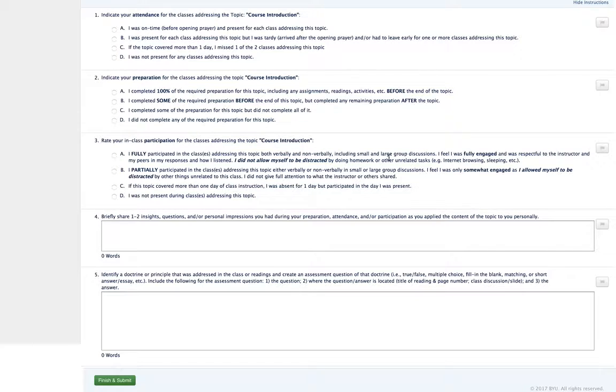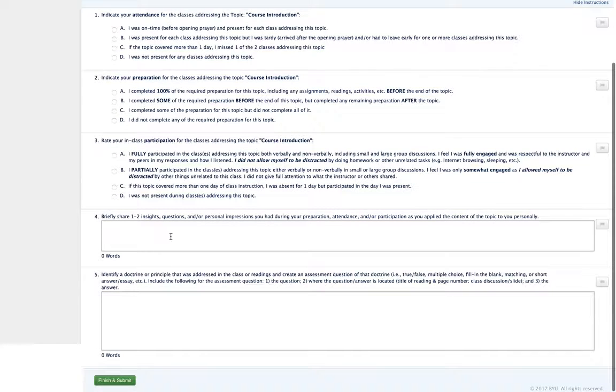And do you ensure that you do not allow yourself to be distracted by doing homework or other unrelated tasks, such as browsing the internet, checking social media, and so forth? If you feel like you fully participated that day, then you would give yourself full points. If you feel like at some point or another you were distracted or allowed yourself to be distracted and did not engage, then you can give yourself partial points here.